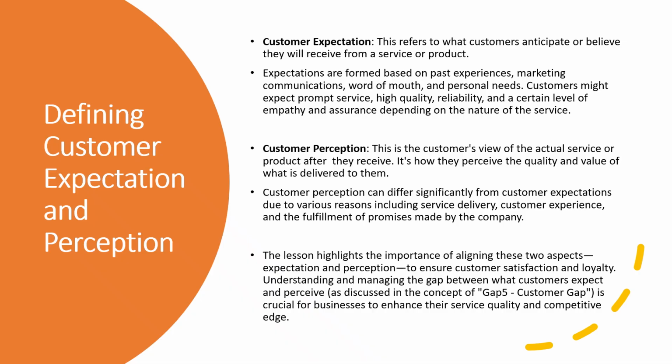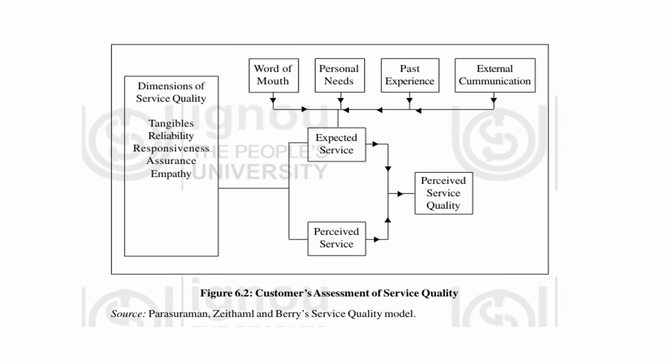So let us now, I want you to take a look at the diagram there, which is a customer's assessment of service quality. The diagram shows how customers judge the quality of a service using the circle model by Parasuraman and others.